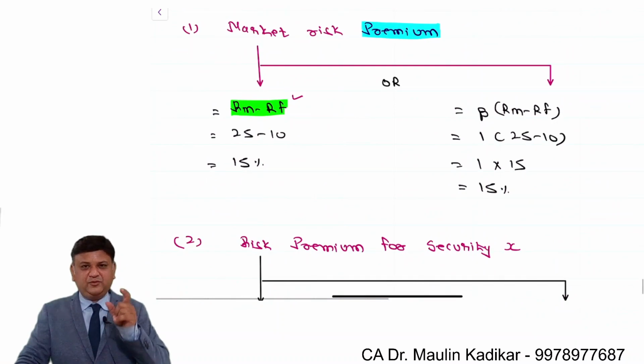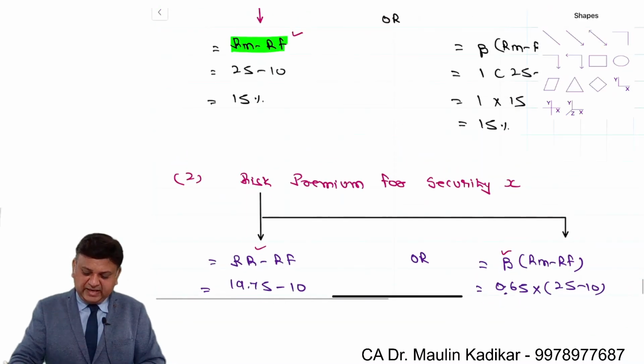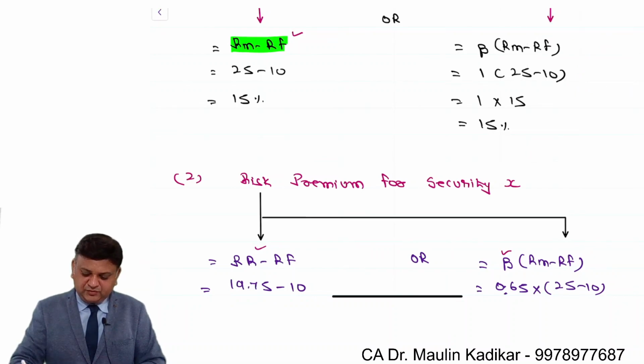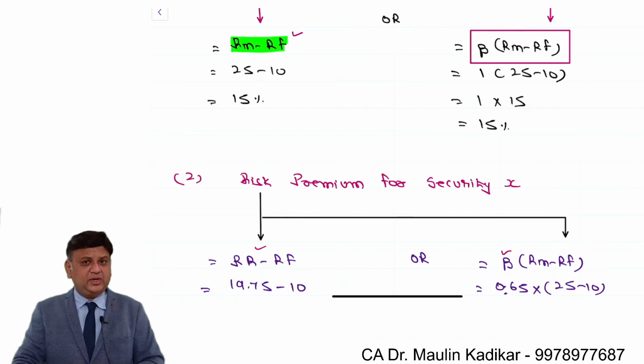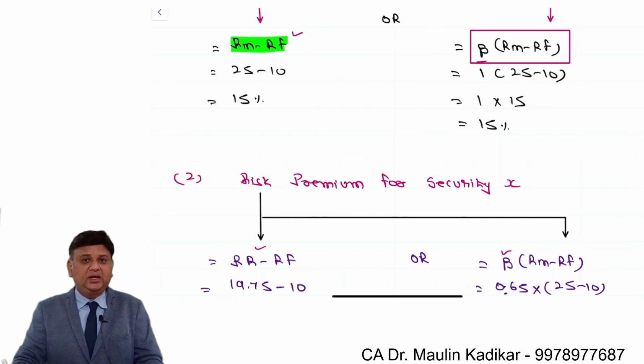So just be careful, a small difference is there in the formula, or otherwise you can always blindly follow the formula beta into (RM minus RF). Because as far as the market portfolio risk premium is concerned, multiplying with the beta is not mandatory. Why? Because the beta of the market portfolio is always 1. So multiplication by 1 does not make any sense.